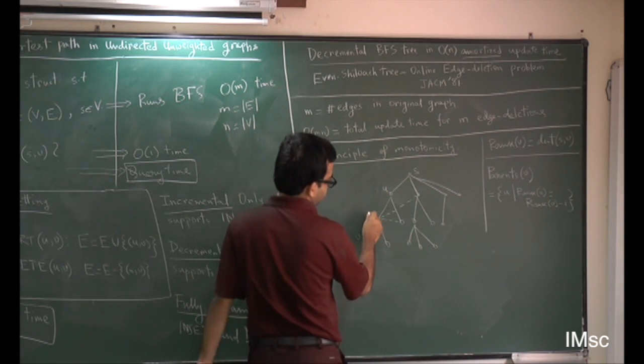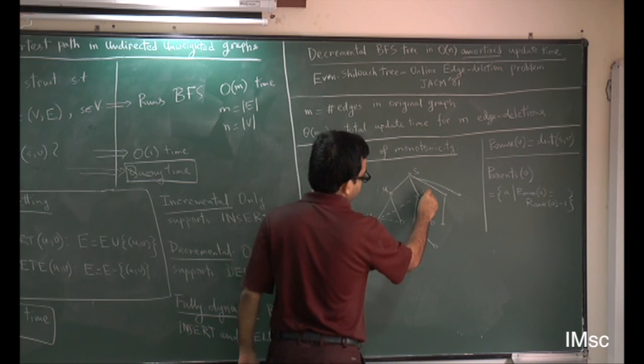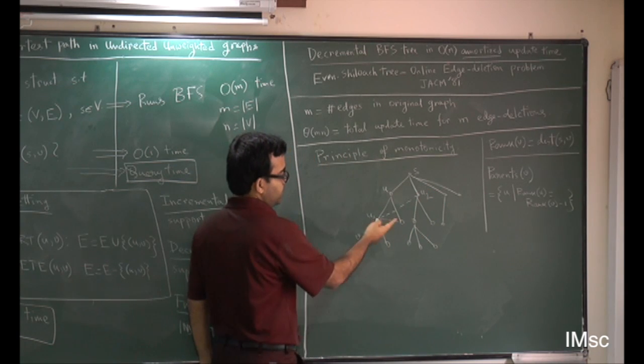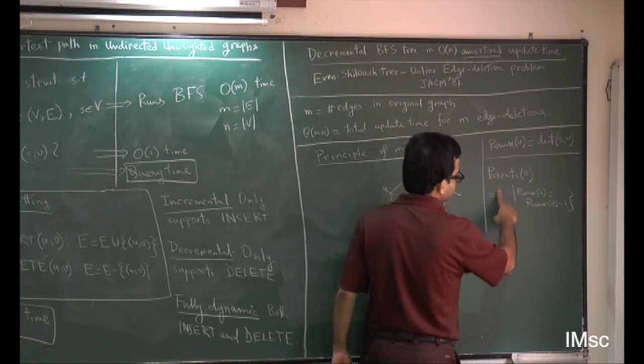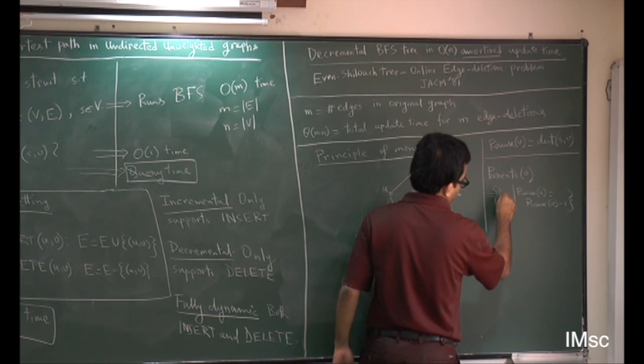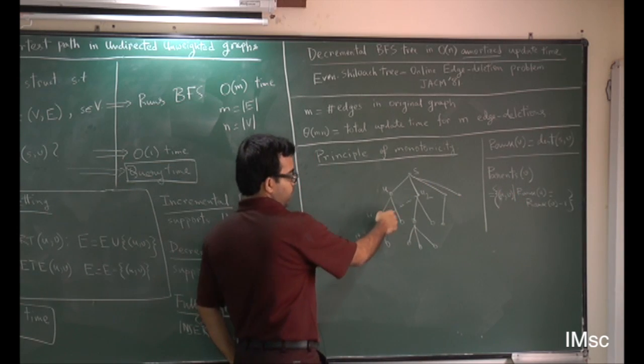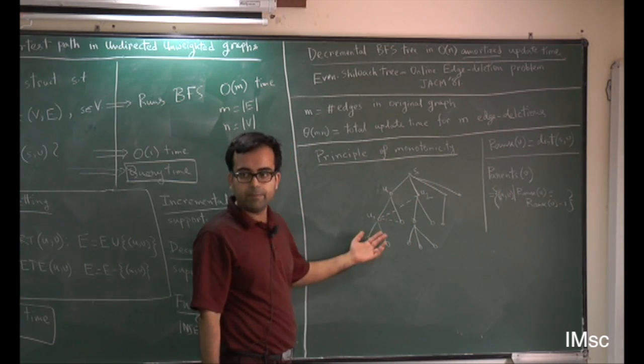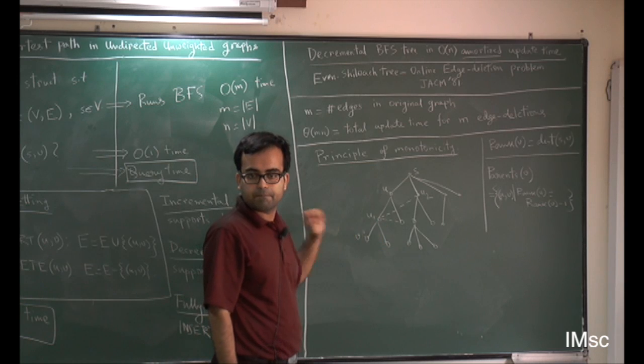So for example, if this is u1 and this is u2, then let us say that the parents of v are these edges actually, u comma v, not the nodes.